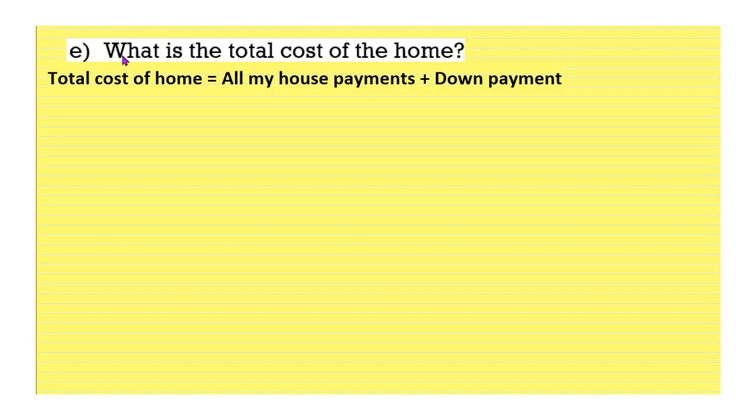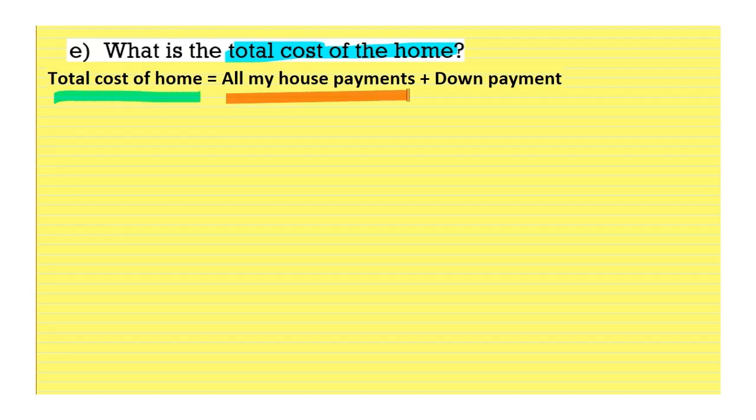The last part of our question wants us to find the total cost of the home. Well, we find the total cost of the home by taking all of my payments, all the totals of my payments, and I'm going to add the down payment. The down payment is what I paid up front at the bank when I first bought my house.